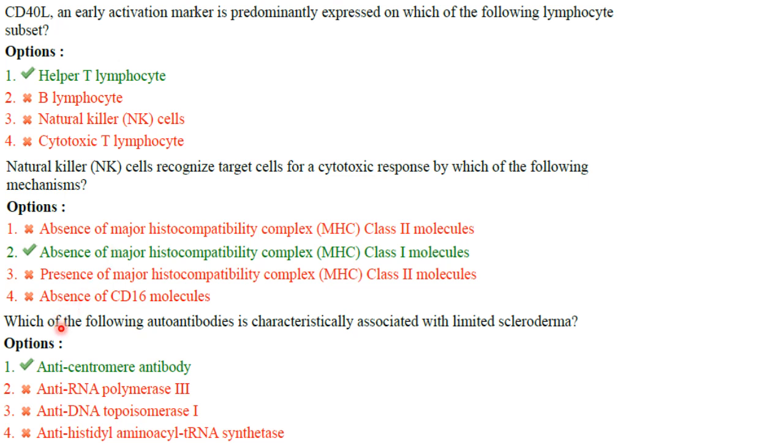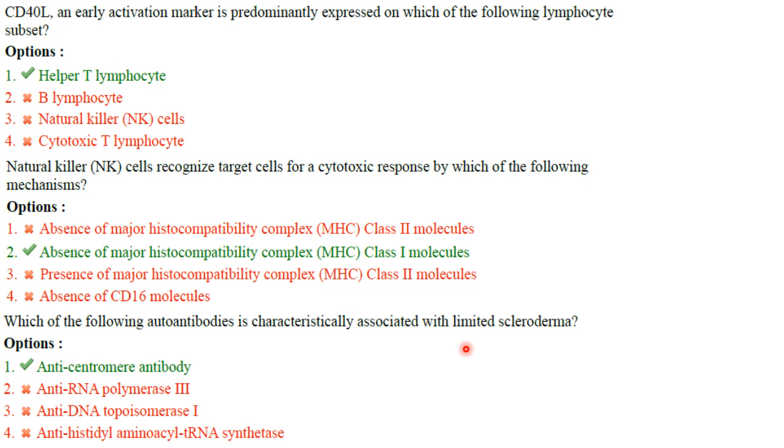Next one. Which of the following autoantibodies is characteristically associated with limited scleroderma? Scleroderma is associated with several autoantibodies, each of which is useful in the diagnosis of the affected patient.